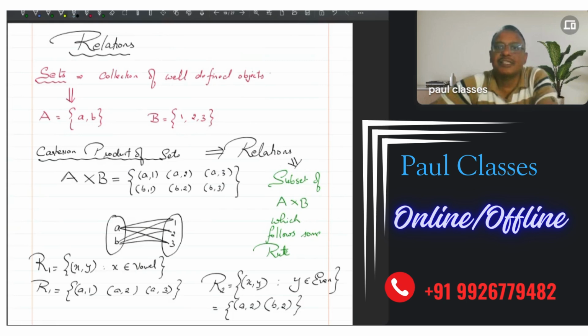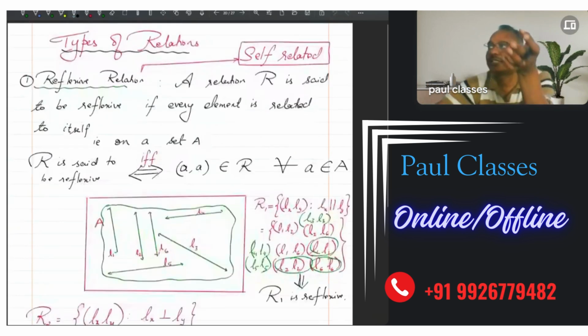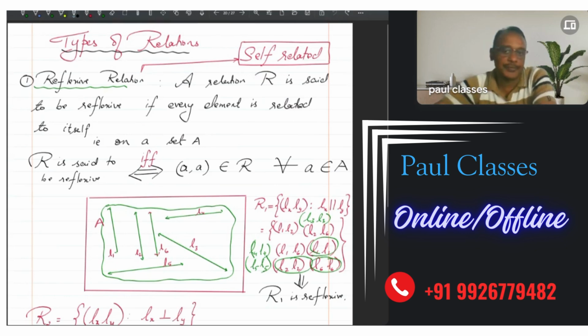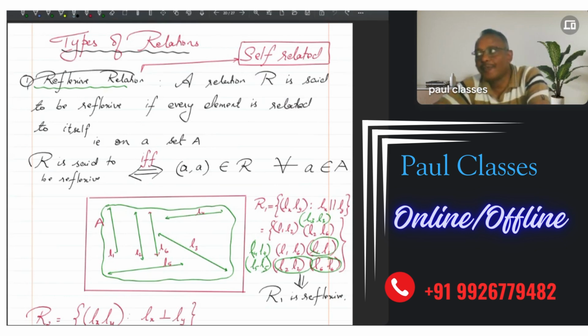And isn't this now a subset of A cross B? Understood? This is what a relation actually is. What comes after this in our 12th syllabus is the types of relation that exist. The first type of relation is called a reflexive relation.